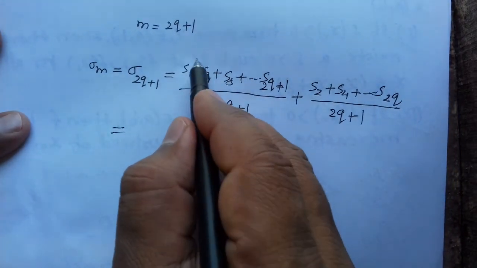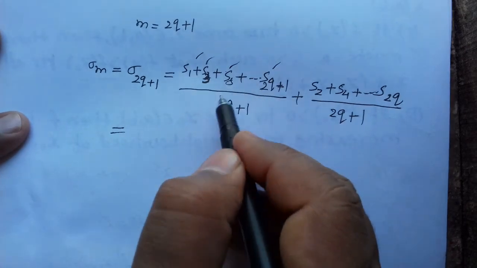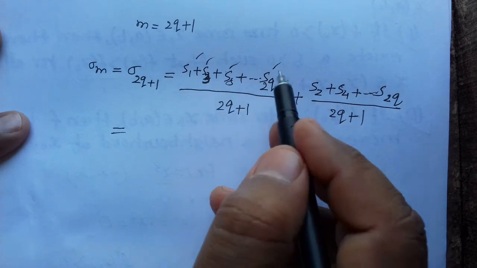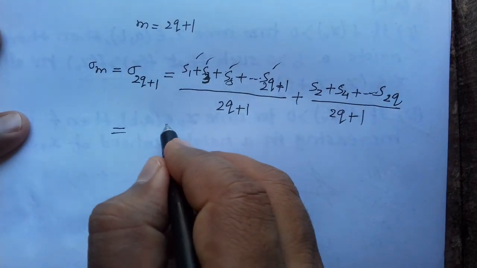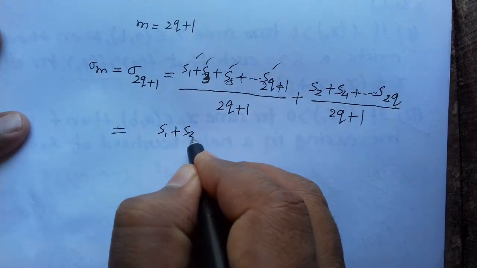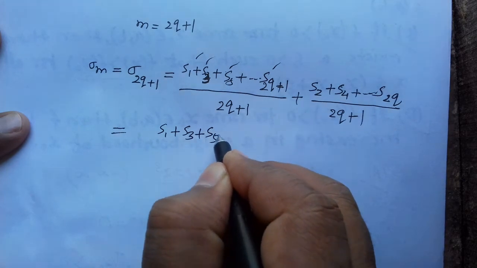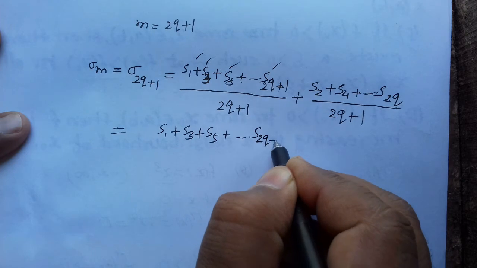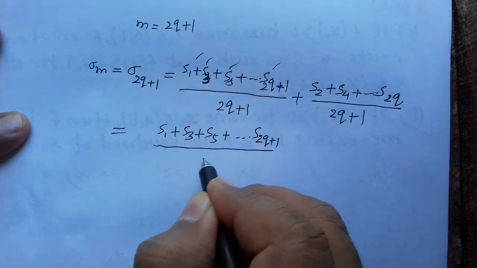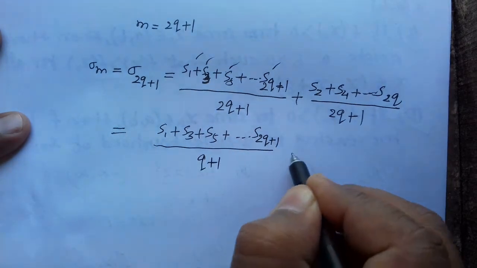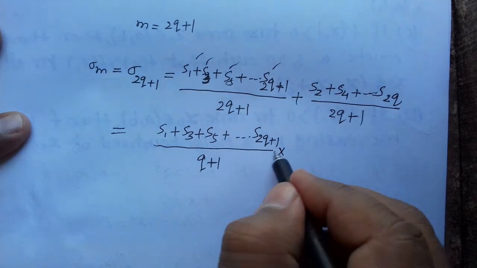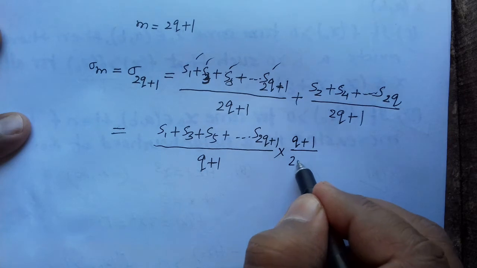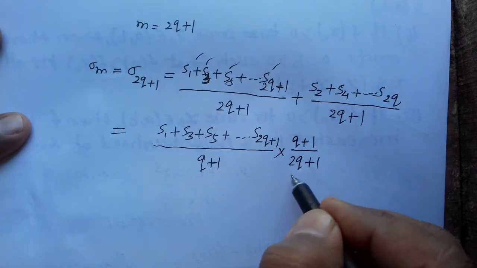If you count the odd terms, there will be q plus 1 terms. So to use Cauchy's theorem on limits, we have to write q plus 1 here to manage, and here it is already 2q plus 1.